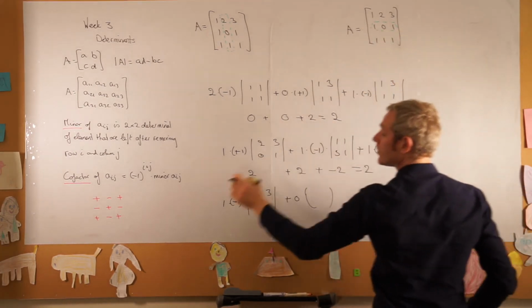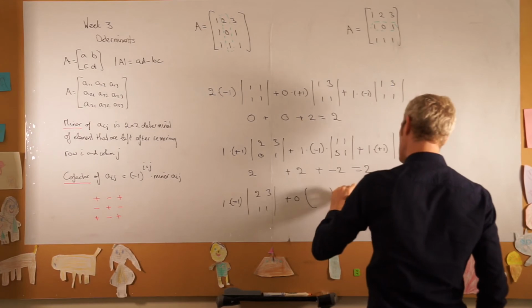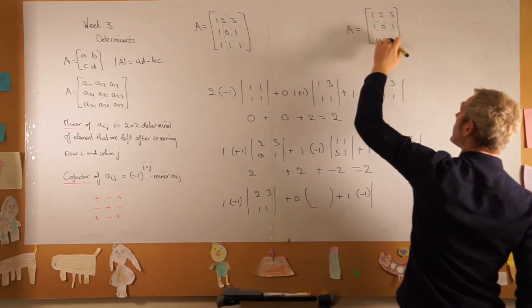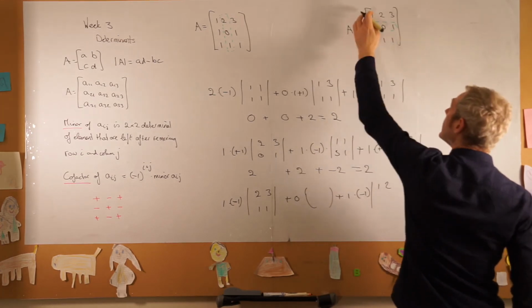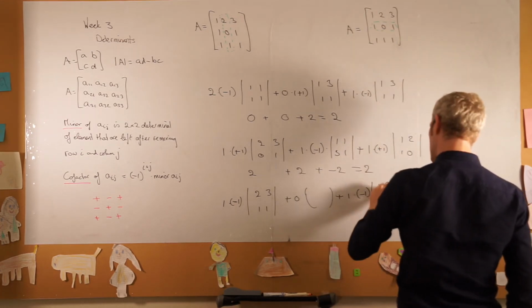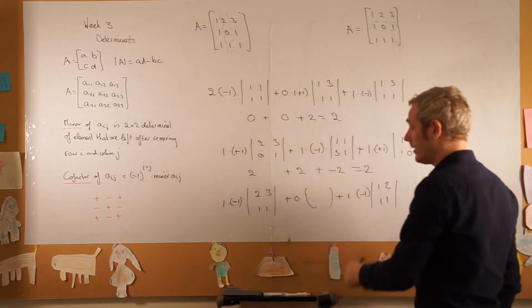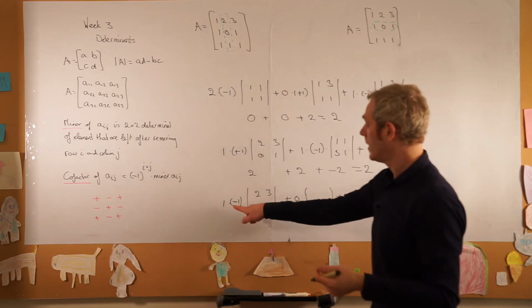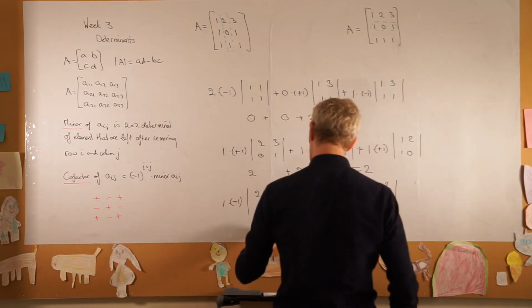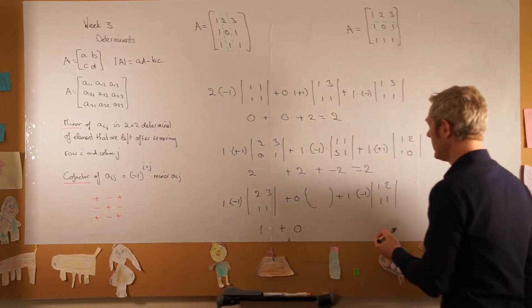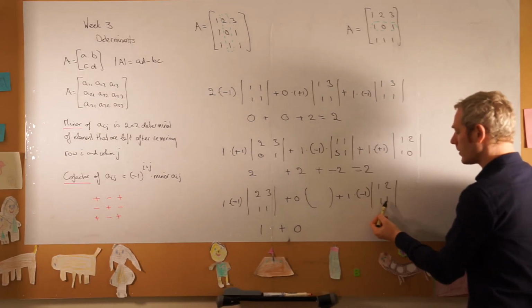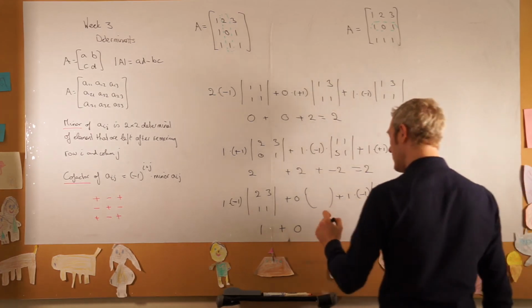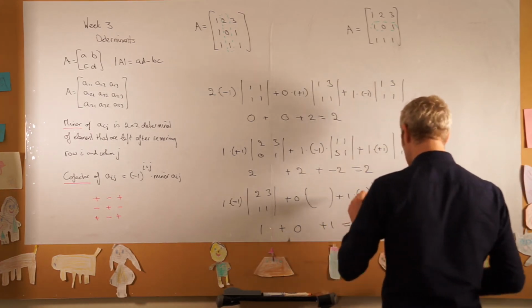And then this last one has sign minus 1 to the power of 2 plus 3 times, we remove the second row, third column, so 1, 1, 2, 1. And we can calculate this, so 2 times 1 minus 3 times 1 is equal to minus 1 times minus 1, and we get a 1 plus 0, and here we get 1 times 1 minus 2 times 1 is equal to minus 1, times this minus 1 times 1 is equal to 1, and we get 2.